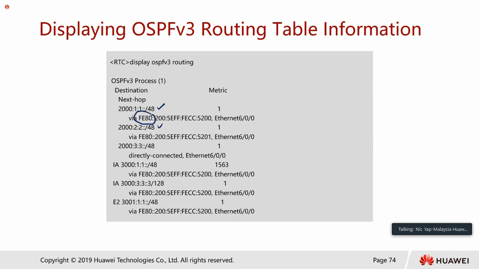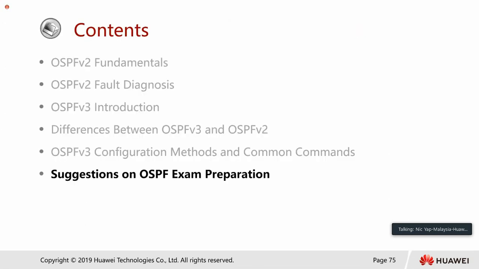Always, the next hop for OSPFv3 will be your link local address. Is that alright for the information under the OSPFv3 routing table? Let me cover everything before I show you. I will do the lab together on OSPFv3.